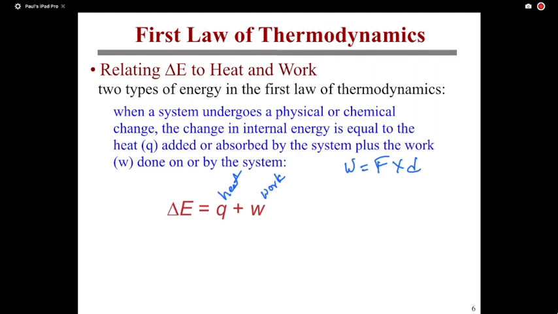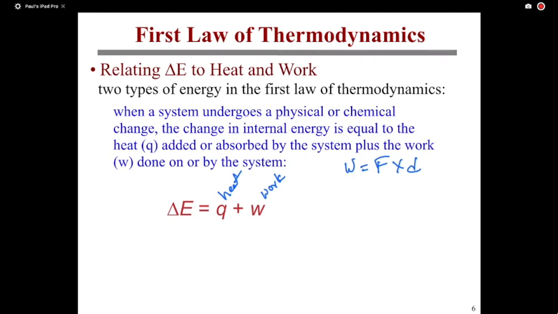Okay? Now, let's just say you add a solution of silver nitrate and a solution of sodium chloride. Put them together. All right? You mix them. A reaction occurs. You precipitate out silver chloride. How far did that test tube move because of the reaction?